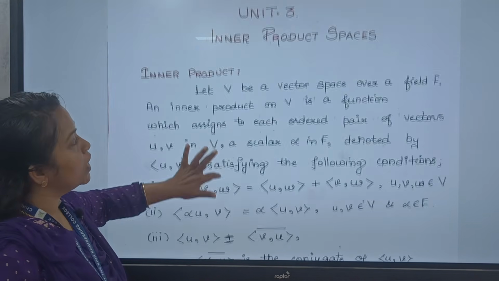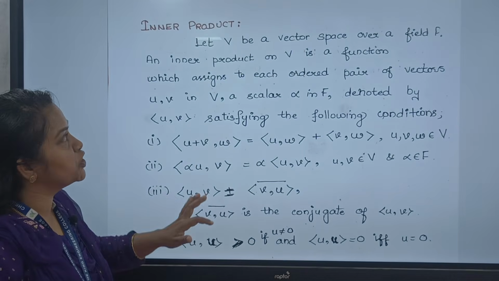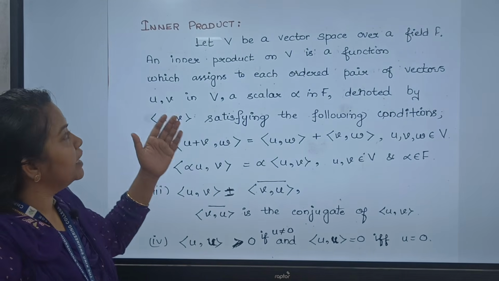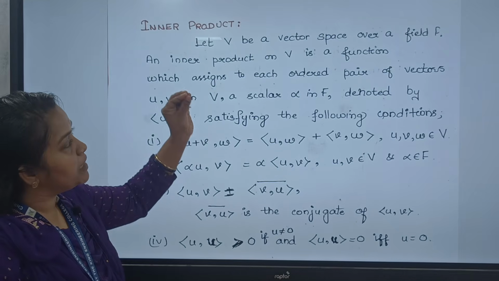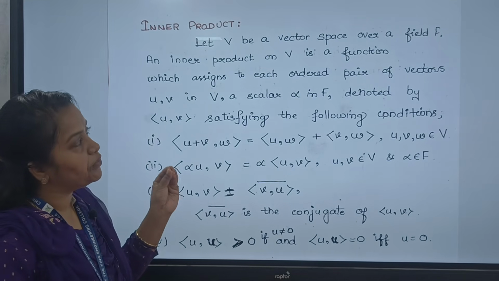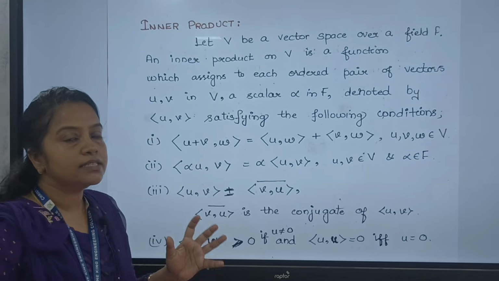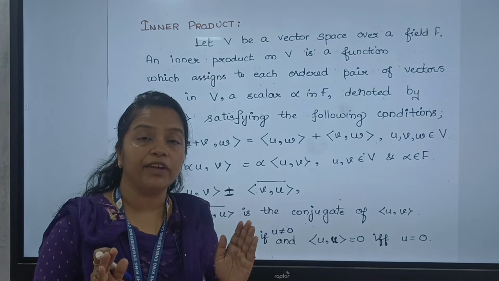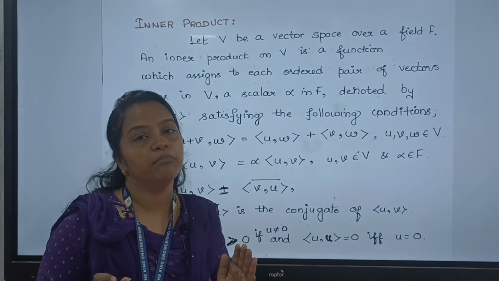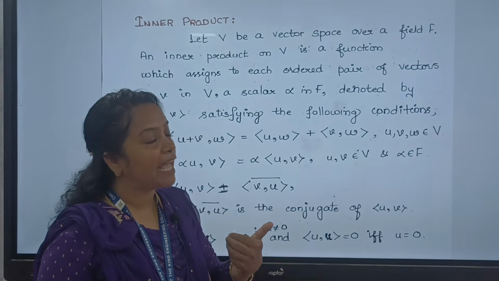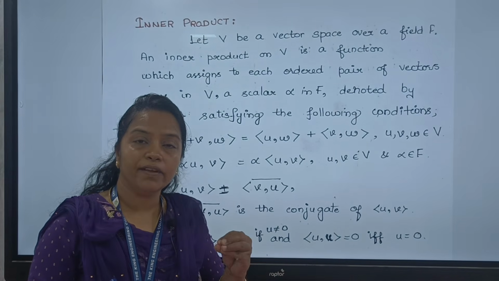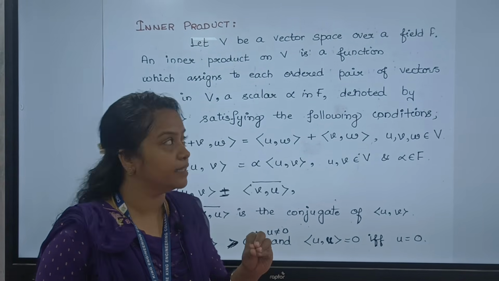Okay, so now we are going to see the basic definition of an inner product. Let V be a vector space over a field F. A vector space is a set of all vectors with direction and magnitude, and a field always deals with scalar constants.